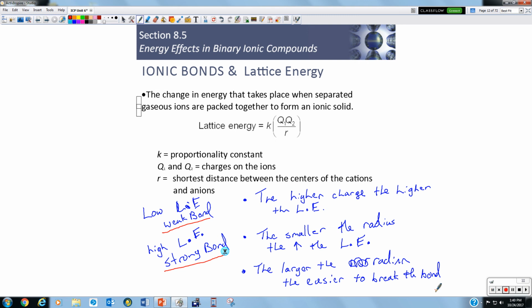It's not a comparison of how low it is. It's usually a comparison between two different compounds. So the one with the lower lattice energy has the weaker bonds, and so one compound's going to be easier to break apart than another. And that's all we're really looking at. Which one's going to be easier to break apart? No, that's lattice energy. That should have been L period E period. I have a defective brain sometimes when I'm writing fast.